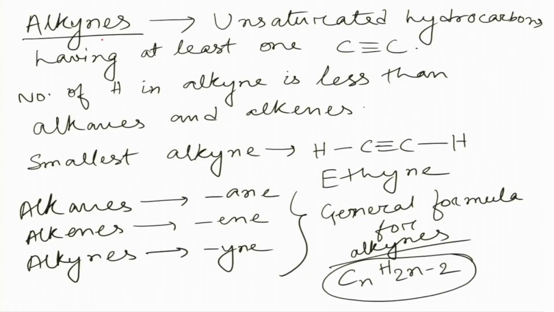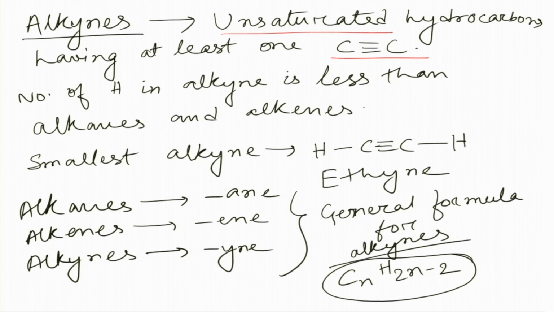So, let us start. Alkynes, as we discussed, are unsaturated hydrocarbons with at least one carbon-carbon triple bond. Since carbon has a valency of 4 and 3 bonds are completed here, these carbons will have only one bond left.